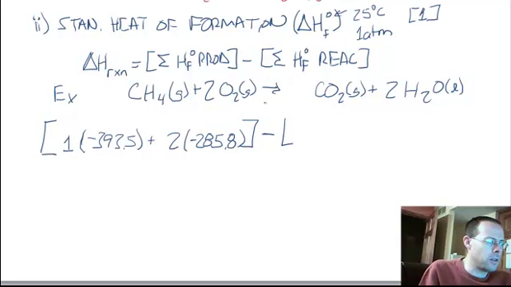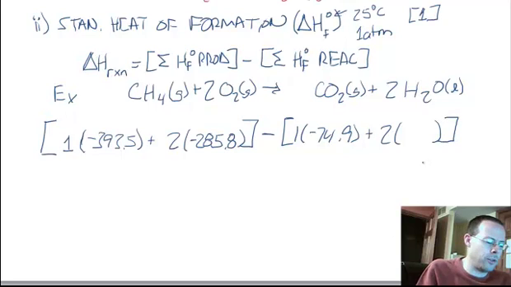So methane, again, I have 1 of those. So if I look at methane in the back of the book, I'm going to find that it's negative 74.9 kilojoules per mole. And then I have 2 oxygens. And because oxygen typically comes as oxygen gas, if we look at this up in the back of the book, we're going to find that oxygen is 0 kilojoules per mole.